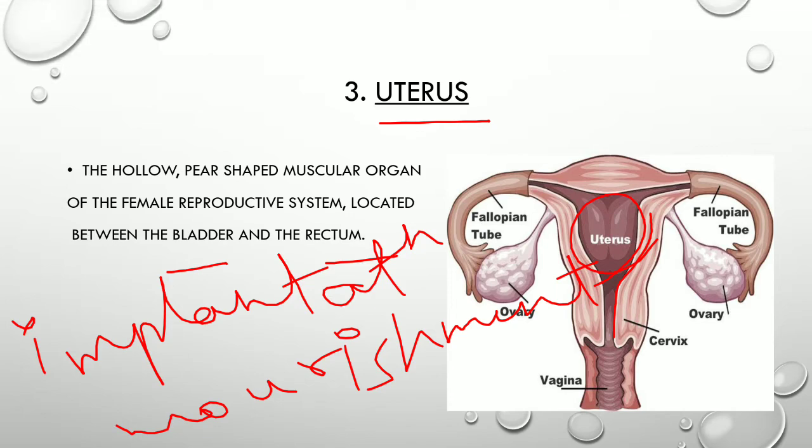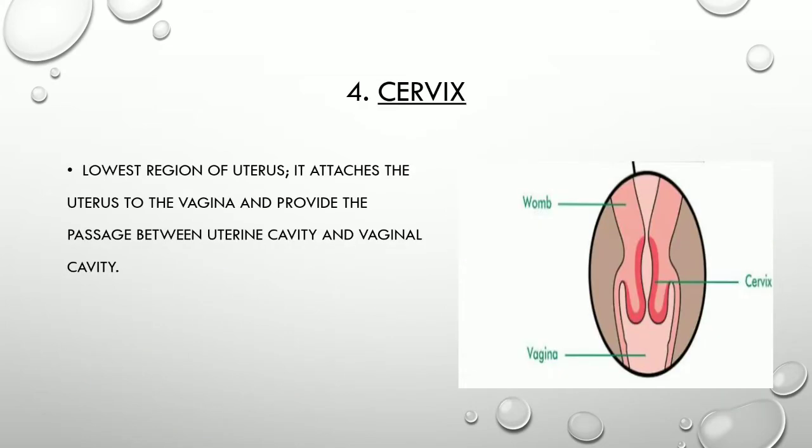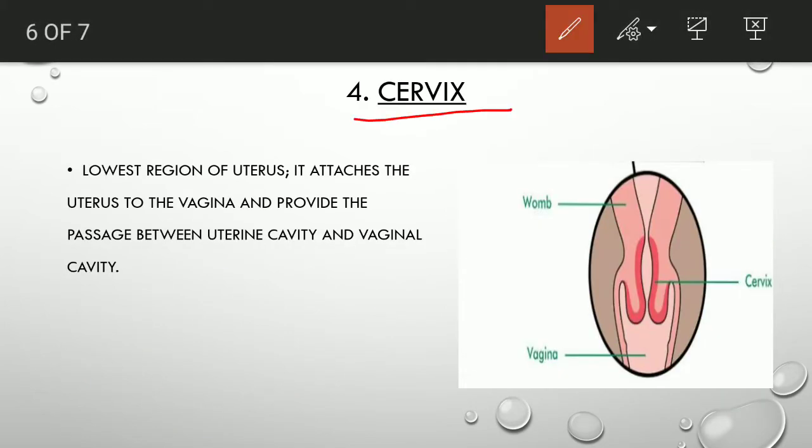The fourth part is the cervix. The lowest region of the uterus attaches the uterus to the vagina and provides the passage between the uterine cavity and vaginal cavity.